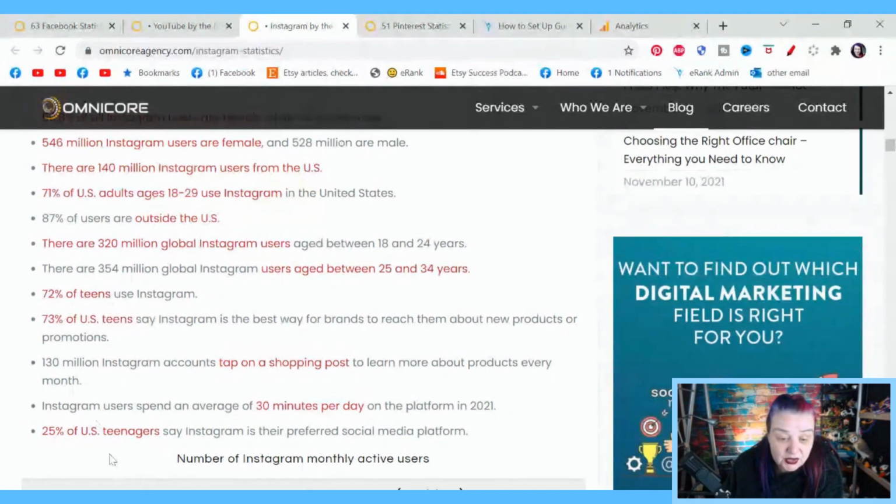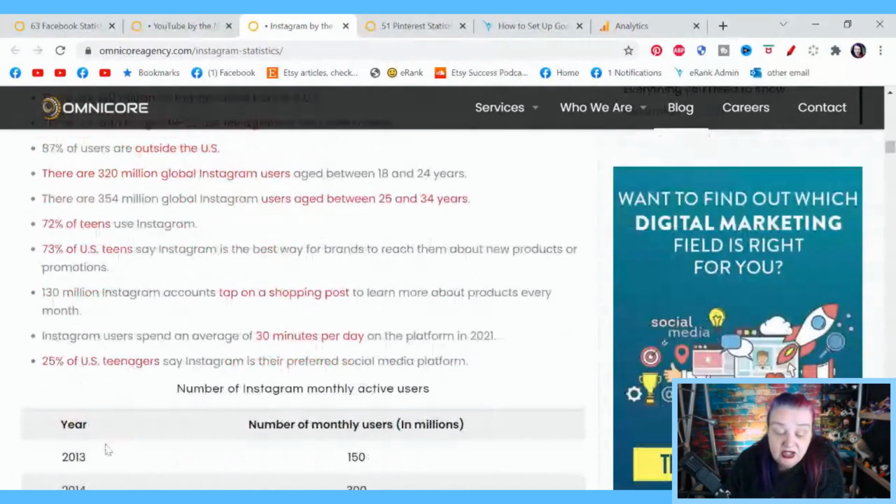So definitely if you're wanting to reach a younger demographic, that sounds dodgy. Don't mean it like that. But yeah. 73% of US teens say Instagram is the best way for a brand to reach them about new products or promotions. That's what they've said.